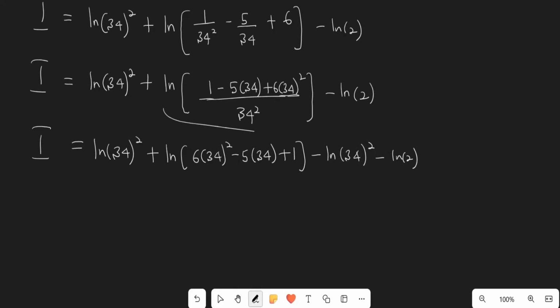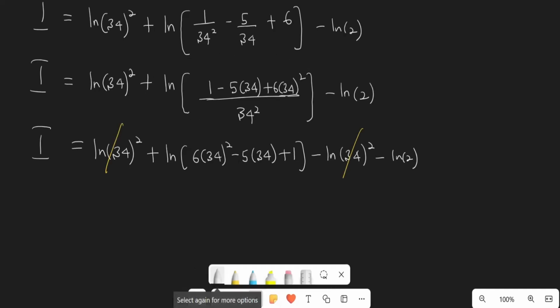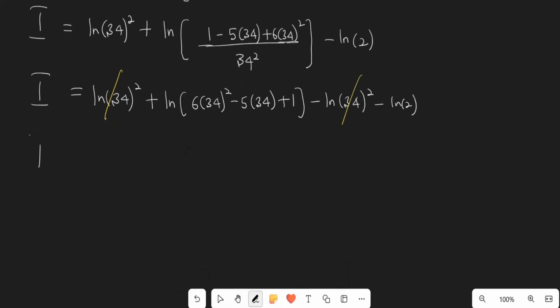I'm just applying the rule of logarithm here. Alright, so now there's going to be a cancellation. This one is going to cancel this one out nicely, and what you are left with is this: I is equal to the ln of 6 times 34 squared minus 5 times 34 plus 1, all divided by 2.